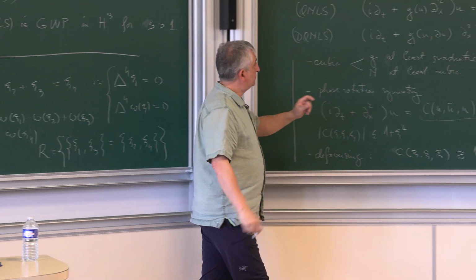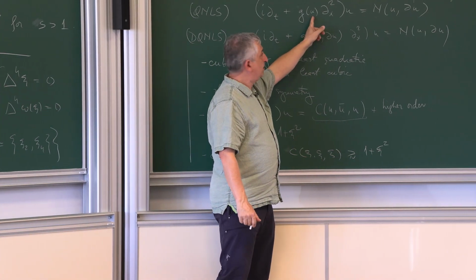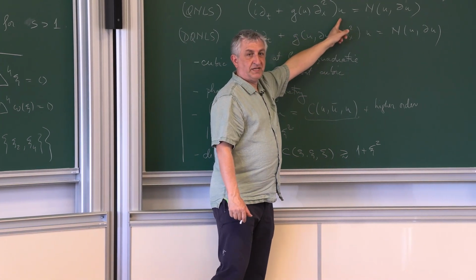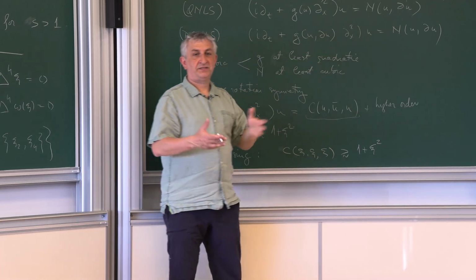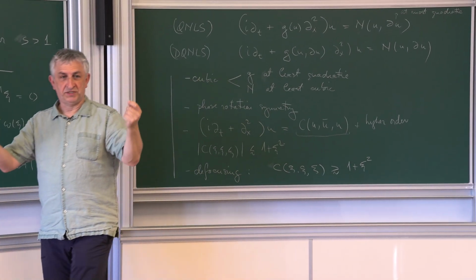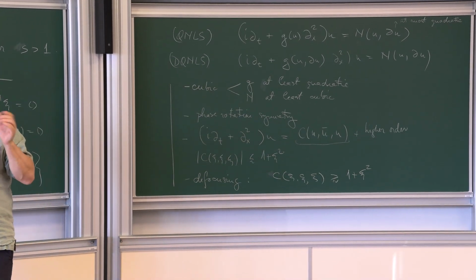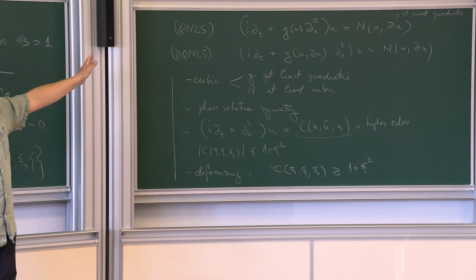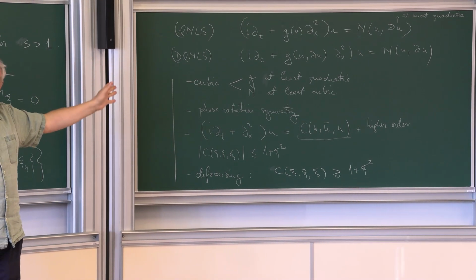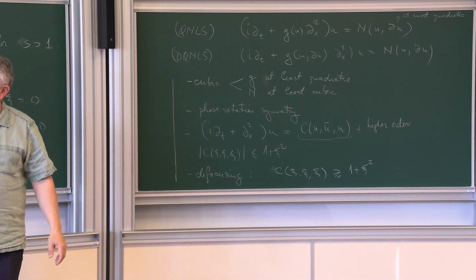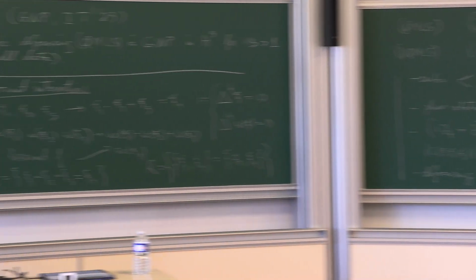But if I take two frequencies of size lambda in here, and I have another frequency of size lambda in here, that is a cubic interaction of the worst kind that could be doubly resonant. So I don't want to have it in the paradifferential equation, because that just means I'm not making a good choice for the paradifferential equation.